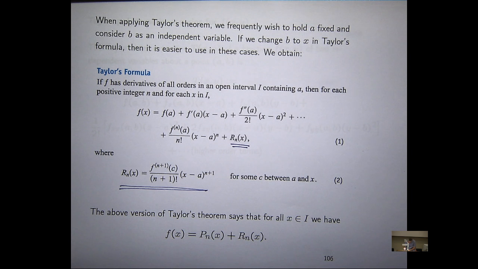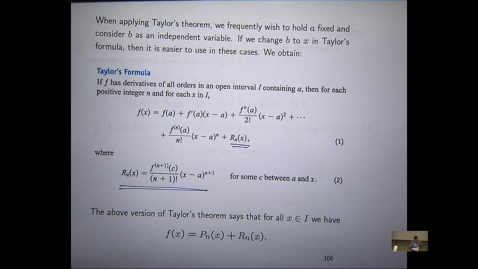Okay, so that's important. To really understand the basics of this theorem and why it's important, I think you really need to appreciate how powerful that theorem is. As long as a function is differentiable enough times, you can always write the function as its Taylor polynomial plus an extra bit, like a remainder factor or an adjustment factor.